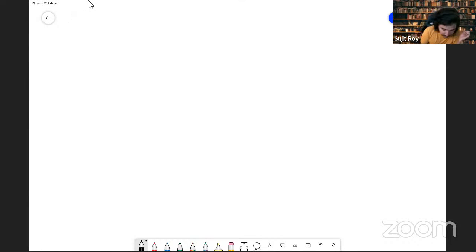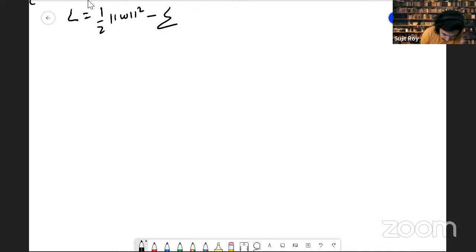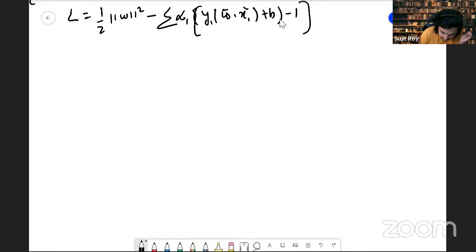So L is equal to half w square minus sigma alpha i multiplied by yi, and then you had vector xi, minus b, and sorry, plus b minus 1.